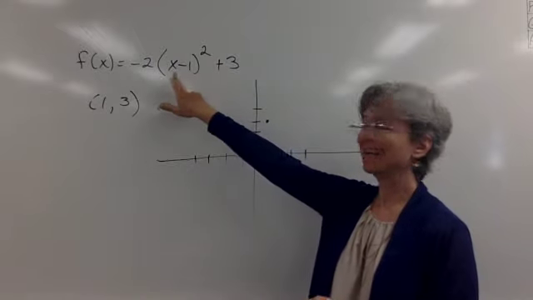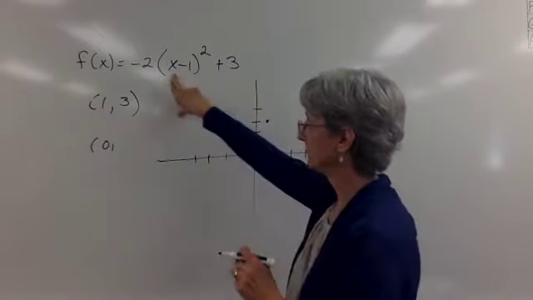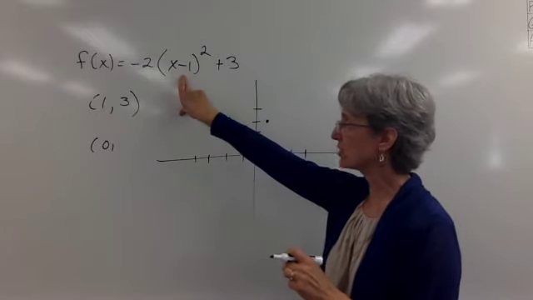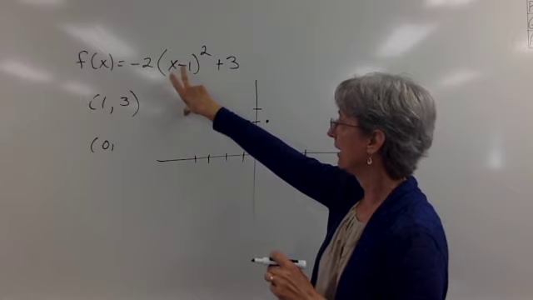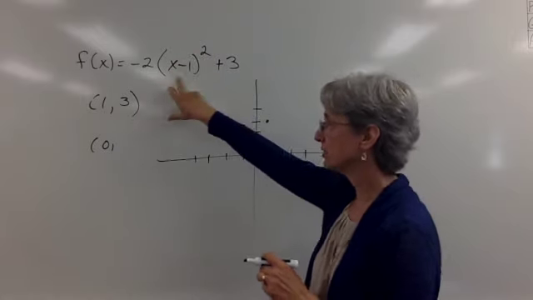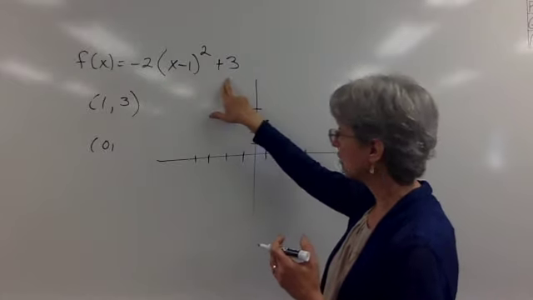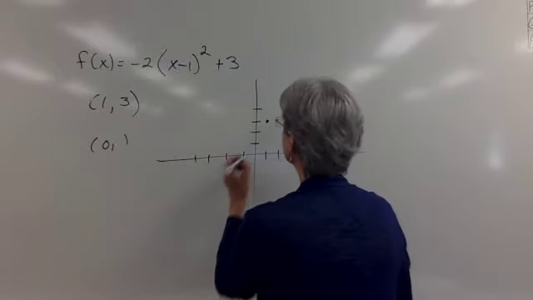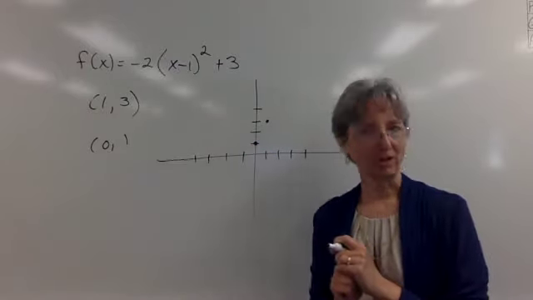If I make x 0, what would y be? 0 minus 1 would be negative 1, and negative 1 squared would be 1. Negative 2 times 1 is negative 2. Negative 2 plus 3 is 1. So it looks like (0, 1) is on the graph.